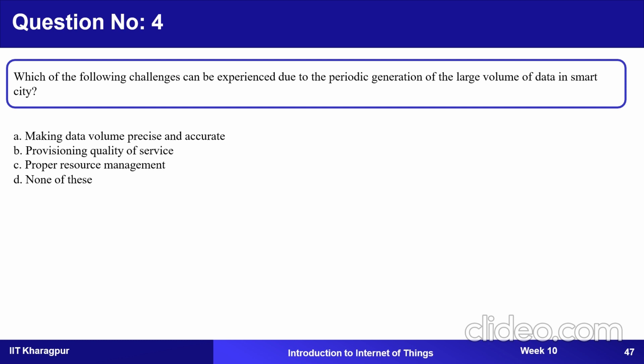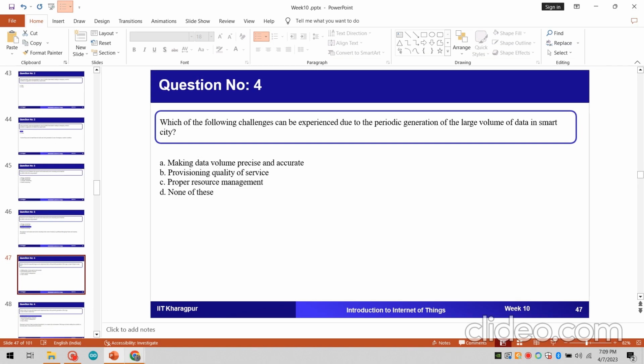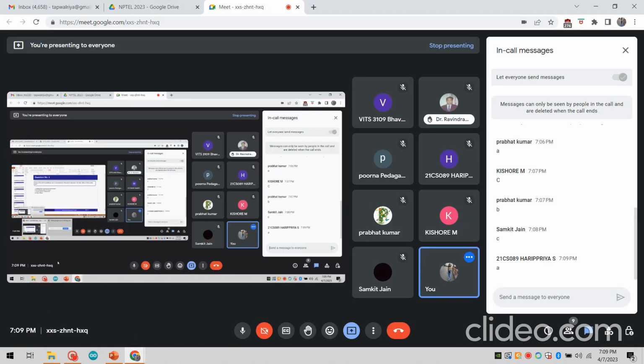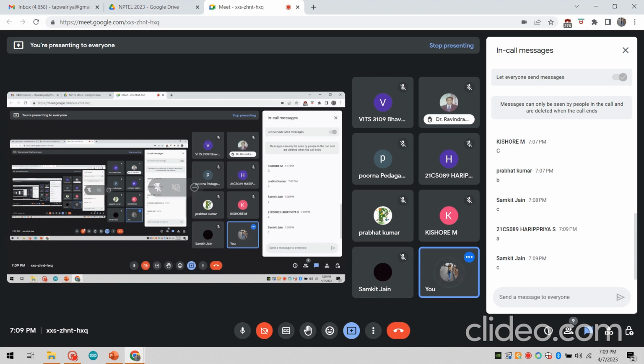Options are making data volume precise and accurate, provisioning quality of service, proper resource management, none of these. A, C, C.